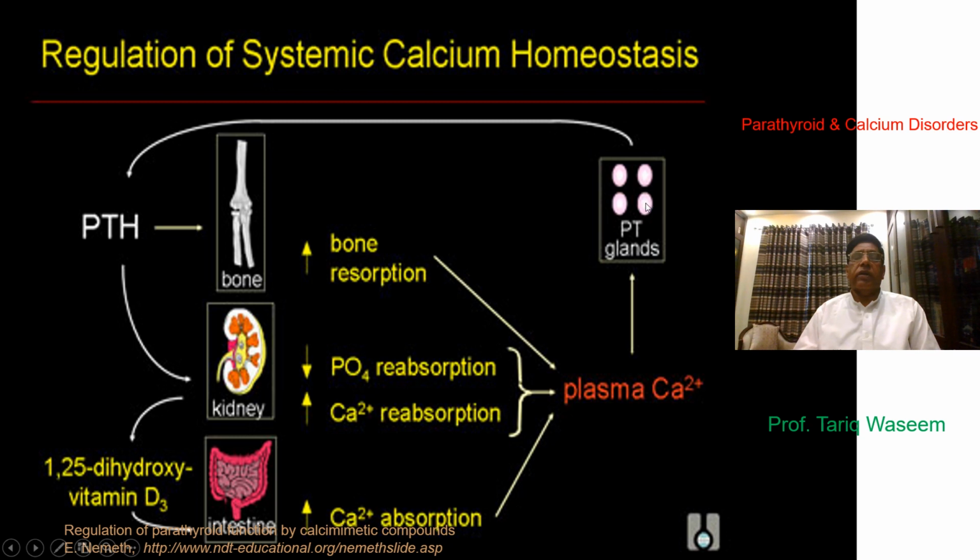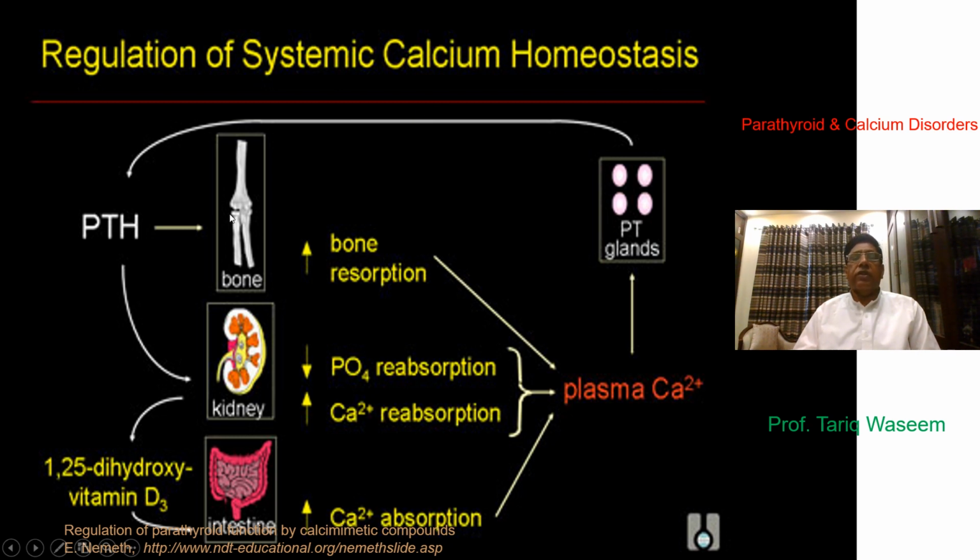There are 4 parathyroid glands, each one lying behind each lobe of the thyroid. And whenever there is a decrease in serum calcium level, this releases parathormone or parathyroid hormone from the parathyroid glands, and this hormone has 3 sites of action.